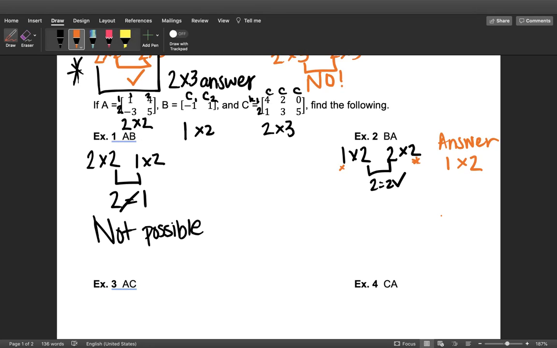I'm going to take the first row in B, so -1 and 1, and I'm going to multiply that by the first column.